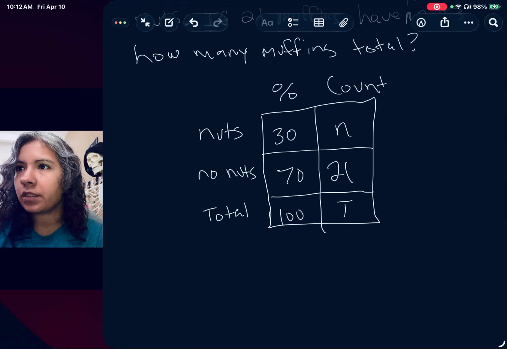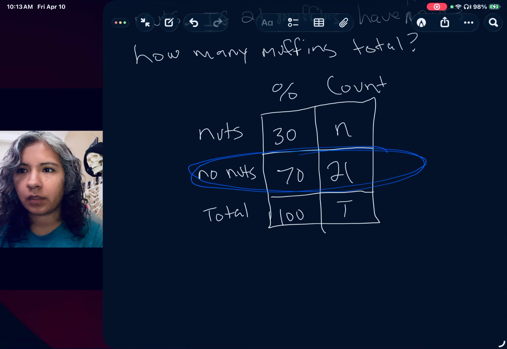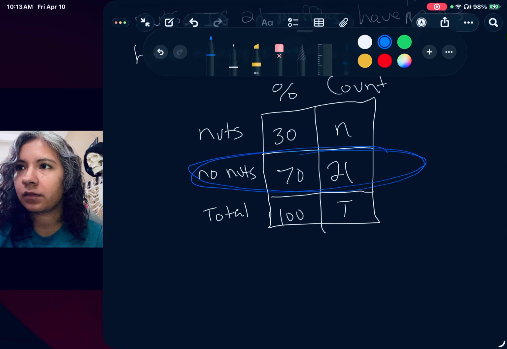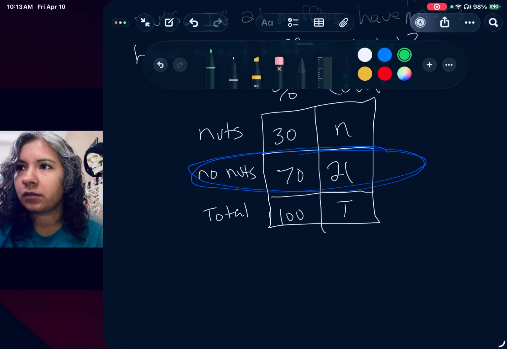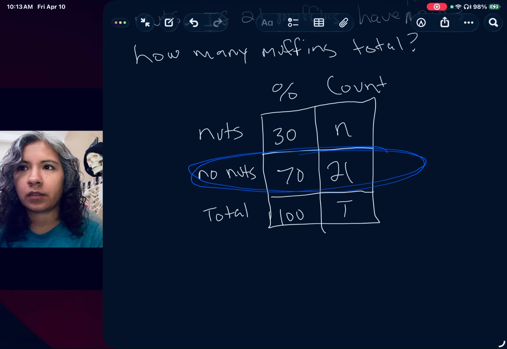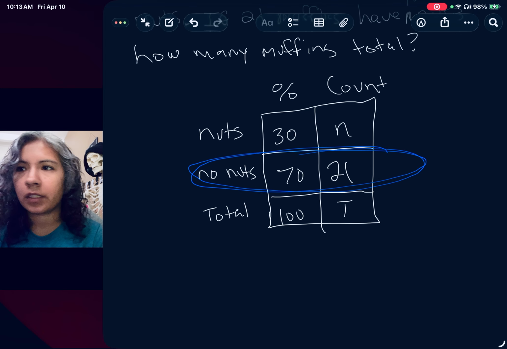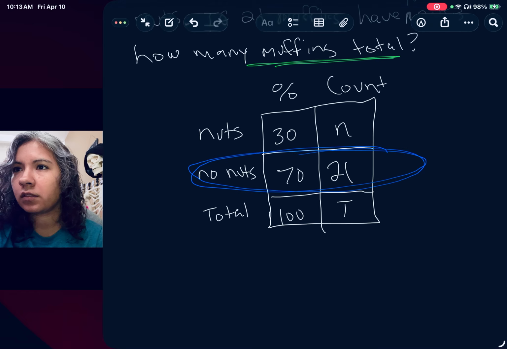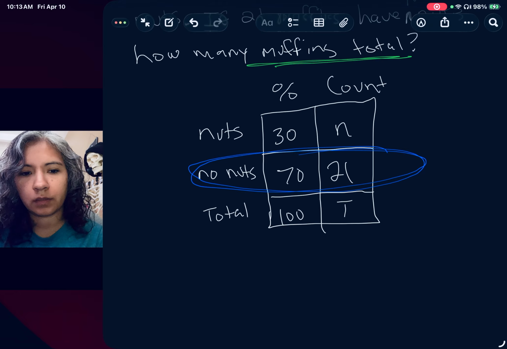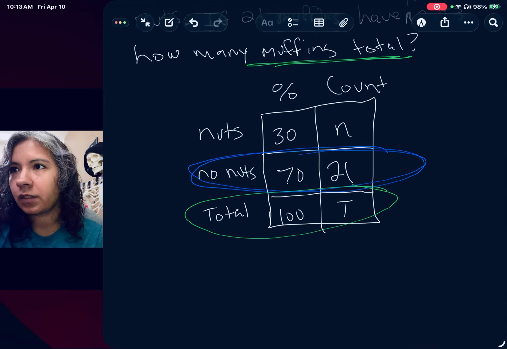So we're going to always use the row where we have both numbers in our problem. And so we are looking for how many muffins total, right? So we're going to also use this row. So our ratio line is going to be here.